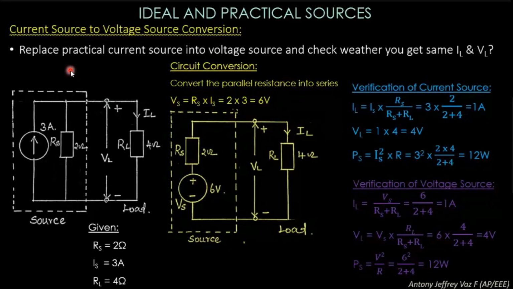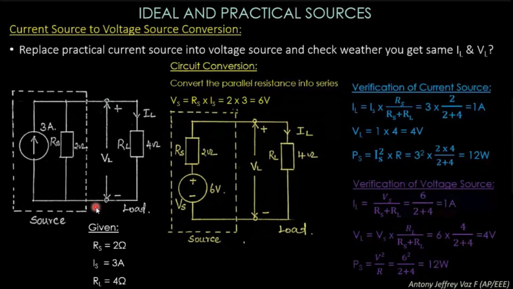Here, replace the practical current source with a voltage source and check whether you get the same load current IL and load voltage VL. Okay, this is the question and this is the circuit given in the question. The circuit and the given data are represented in white color.